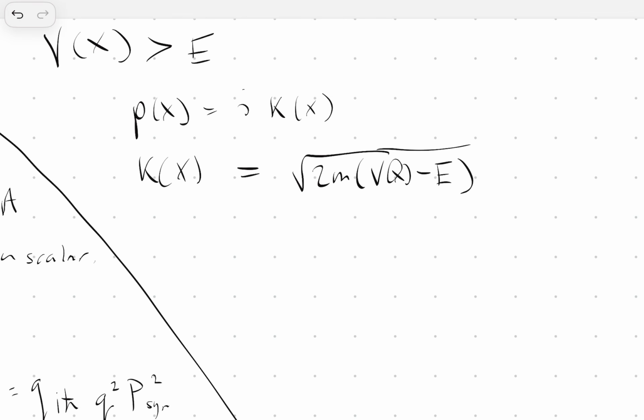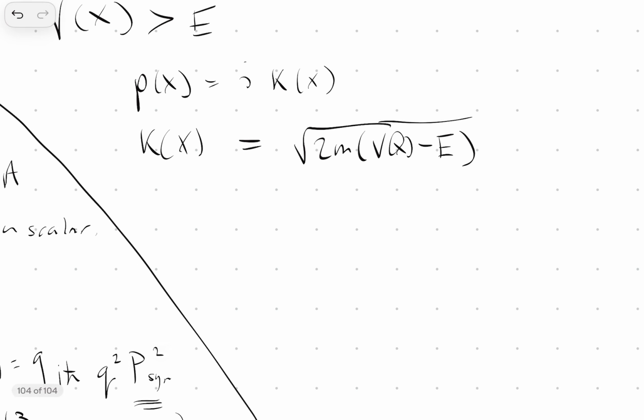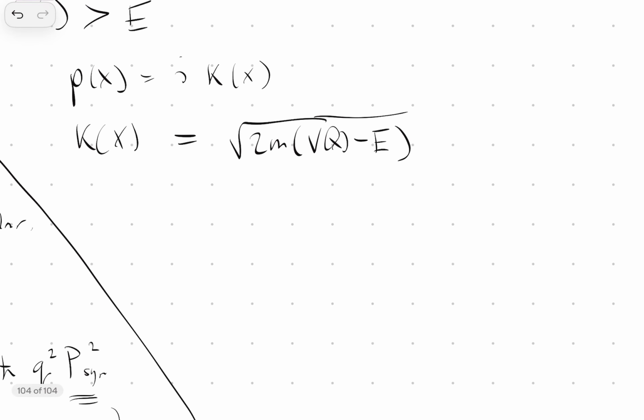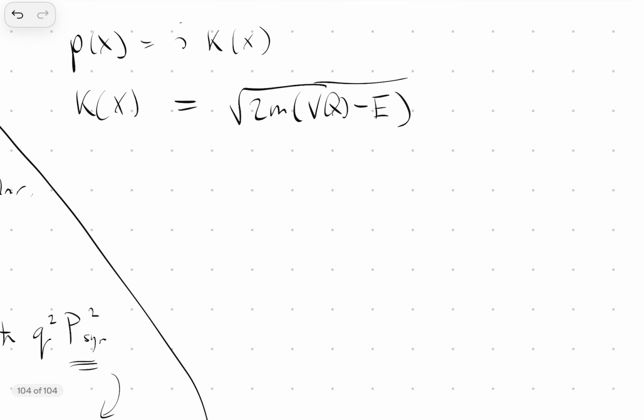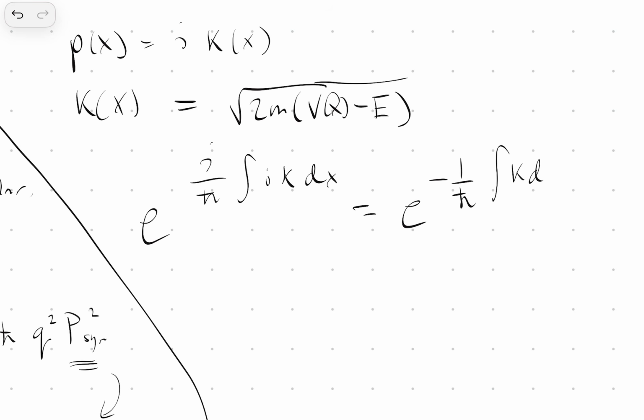So we just flip the inside of that difference, making the momentum imaginary. And the WKB approximation is obtained by the analytical continuation so that the exponential oscillatory factor turns into exponential decay. So we'll have that 1 over H bar times the integral of i k dx is equivalent to e to the minus 1 over H bar times the integral of kappa, or k, dx.